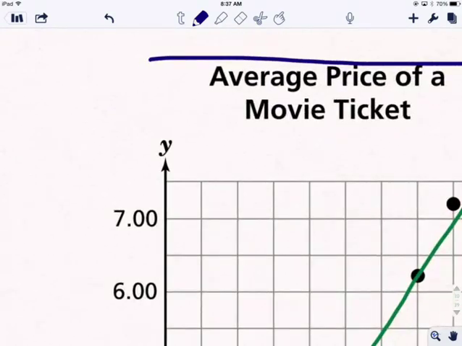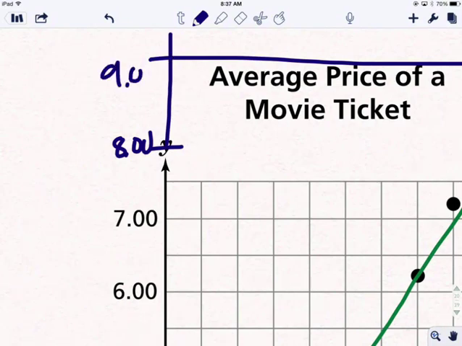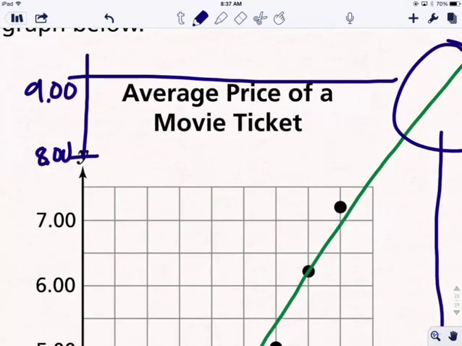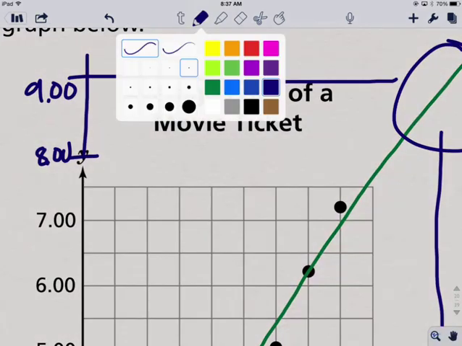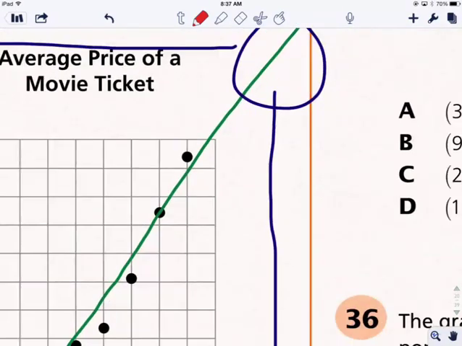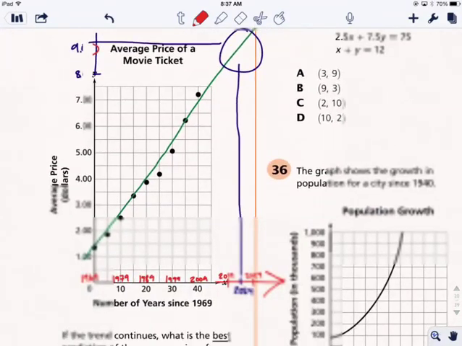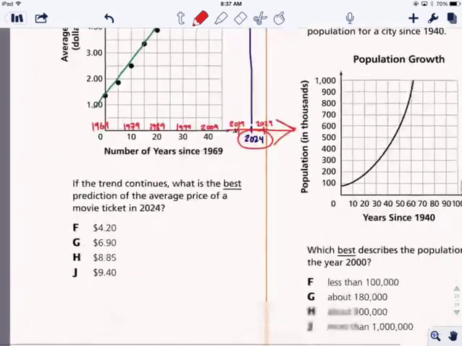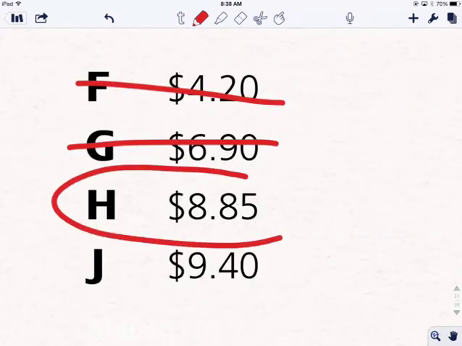Well, 7, 8, and then 9-ish. So it looks like the price of a movie ticket is going to be about $9-ish in 2024. So the closest answer choice there, H, right? H is closest to being 9.